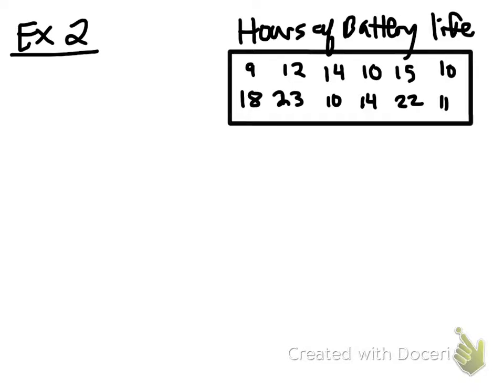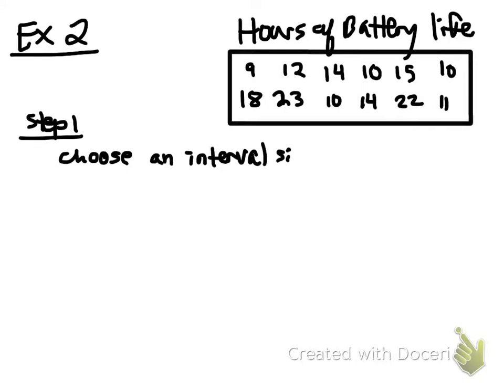So we're going to step 1, decide on our interval. I'm going to choose an interval size. So in our data, 9 is the smallest number, and the largest number looks like it is 23.